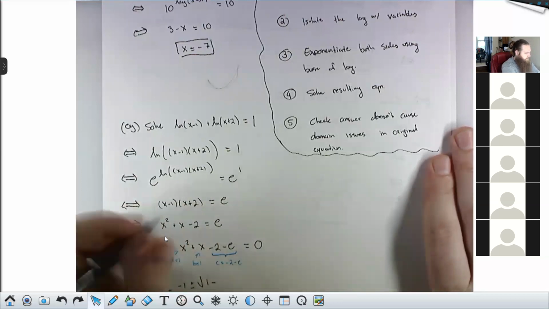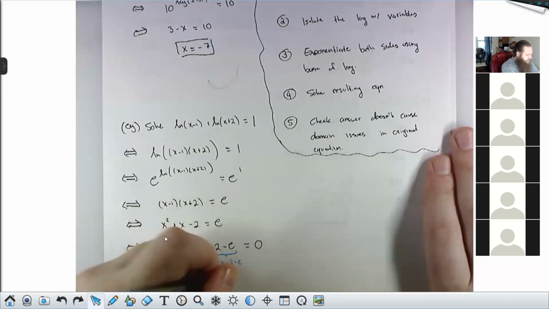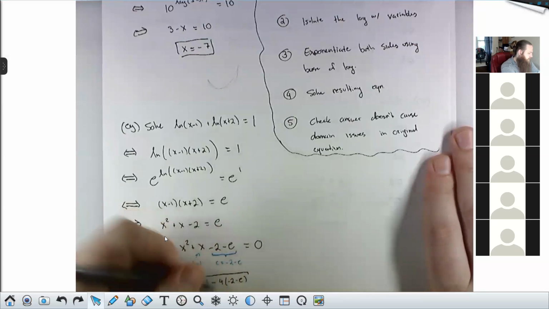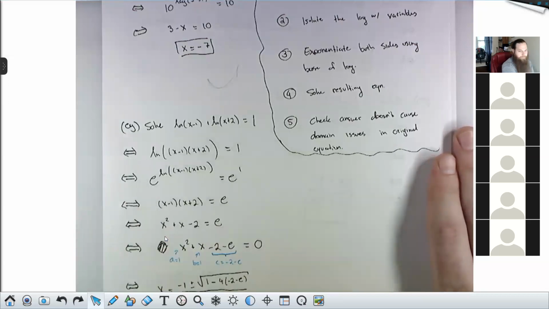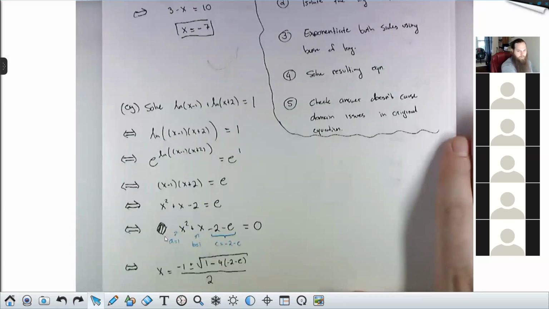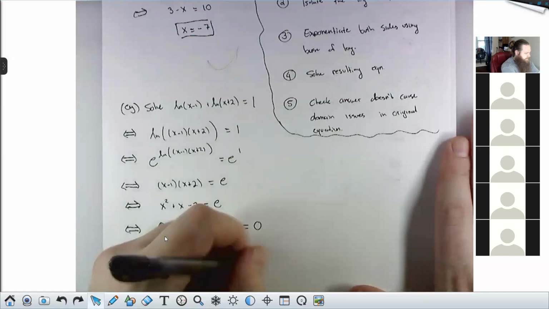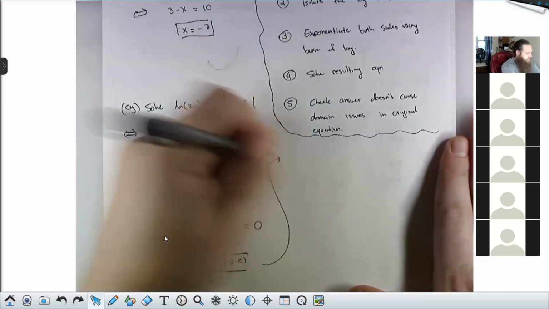So it's minus 4 times 1 times negative 2 minus e, all over 2a, which is just 2. This is quite intimidating, but it'll work.